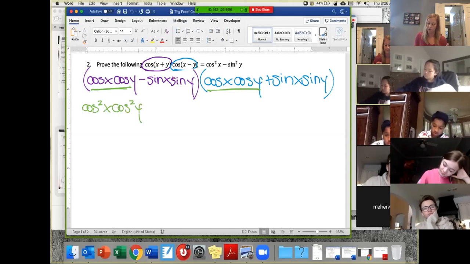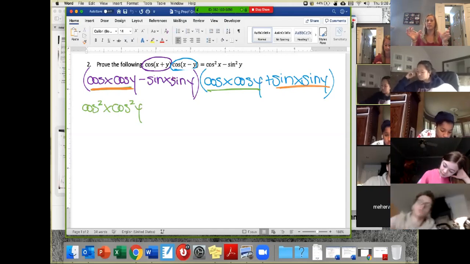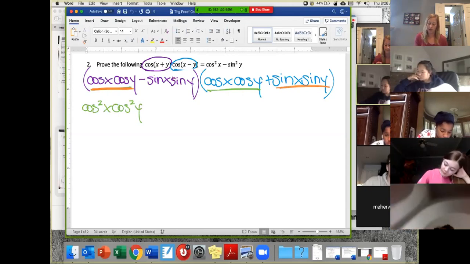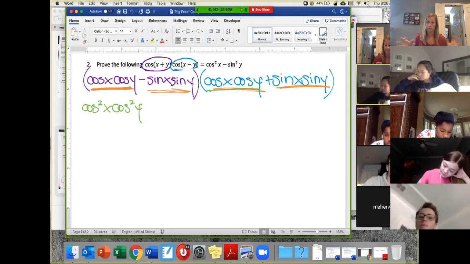So now we have to do the outer terms. This is where we have to be a little careful. Outer terms are this one times this one. Now, let's just save ourselves a little bit. What kind of format are these parentheses in? Difference of squares. So someone tell me what happens with the outer and the inner terms if I multiply them all out. They cancel.